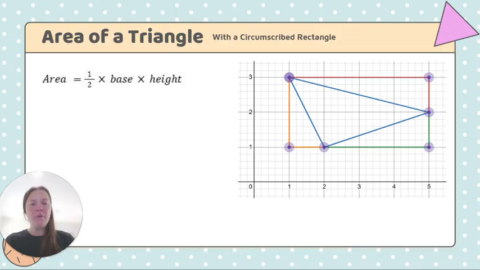So what we have to do is find the area of our rectangle that we've created, find the area of our triangles, and subtract. So let's do this step by step. If you were solving this yourself, if you just had this triangle, step 1 would be to draw a rectangle around the triangle.